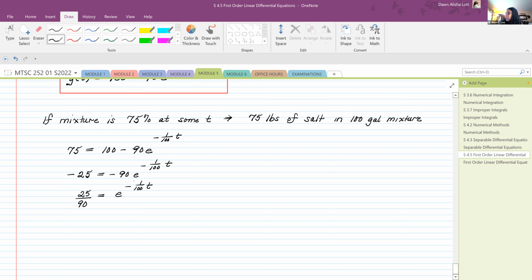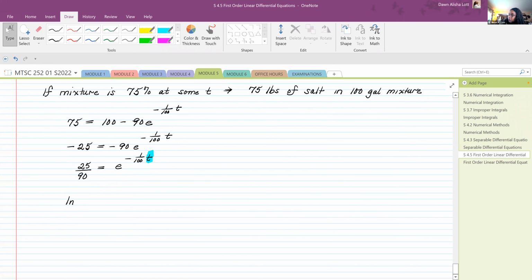Now I want to get t out of the exponent. So what am I going to do to both sides? How do I get t out of the exponent? Would it be by taking the natural log? Yeah, that's right.